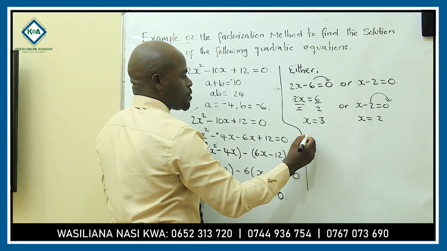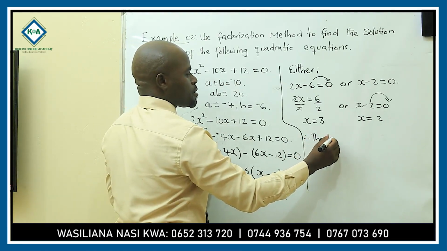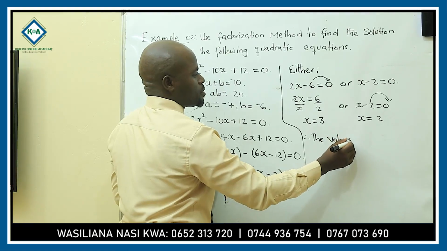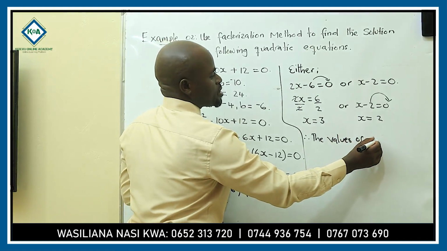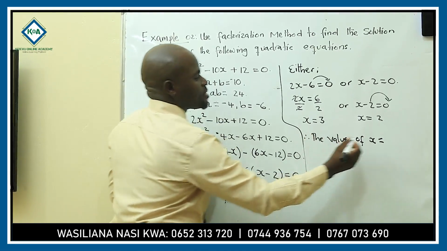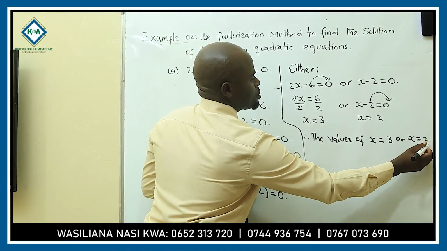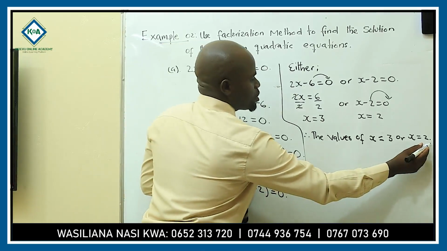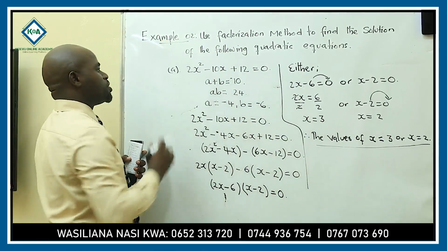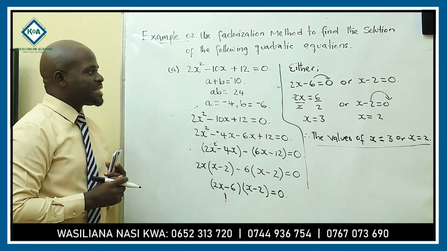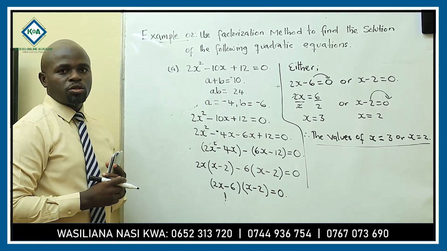Therefore, the values of x are x is equal to 3, or x is equal to 2. So this is the solution of the quadratic equation 2x squared minus 10x plus 12 is equal to 0.